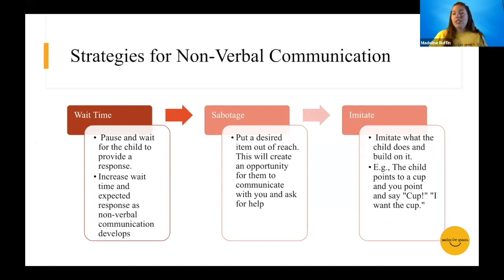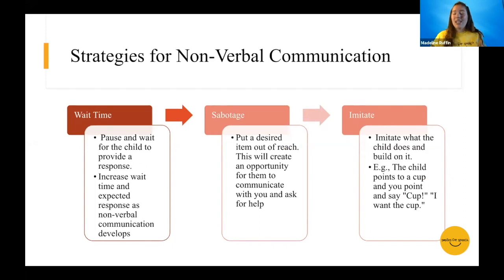Some strategies that we can use to help develop these nonverbal communication skills are wait time. As I mentioned previously, by pausing and waiting for a child to provide a response, we are really showing them that they have power, that what they're doing, what their use of communication is, whether it's nonverbal or verbal, is powerful.